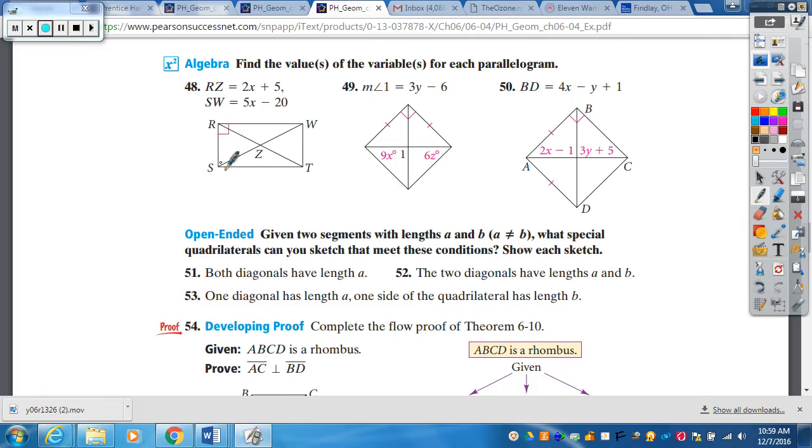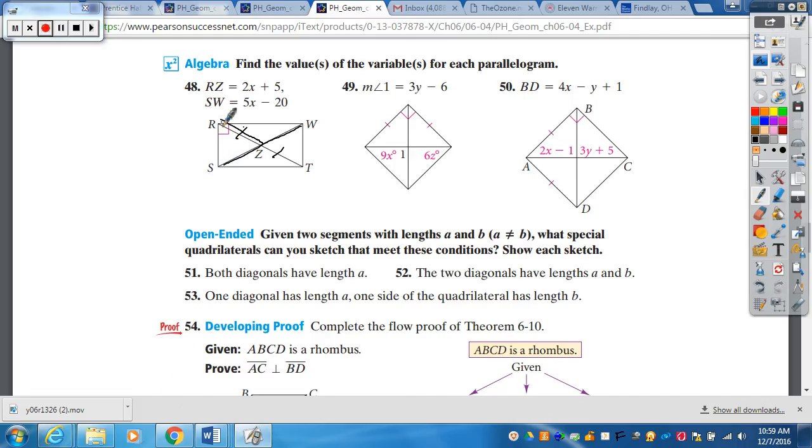So if I go ahead and take a look at this, sorry about that. I have SW, this length right here, and I have RZ, which is this length right here. Now, obviously, you'd like to set those two equal to each other, but they're not equal. The length of SW isn't equal to the length of RZ. And so the next thing I want to do is understand that the diagonals of a rectangle or any parallelogram bisect each other, so those two lengths are the same.